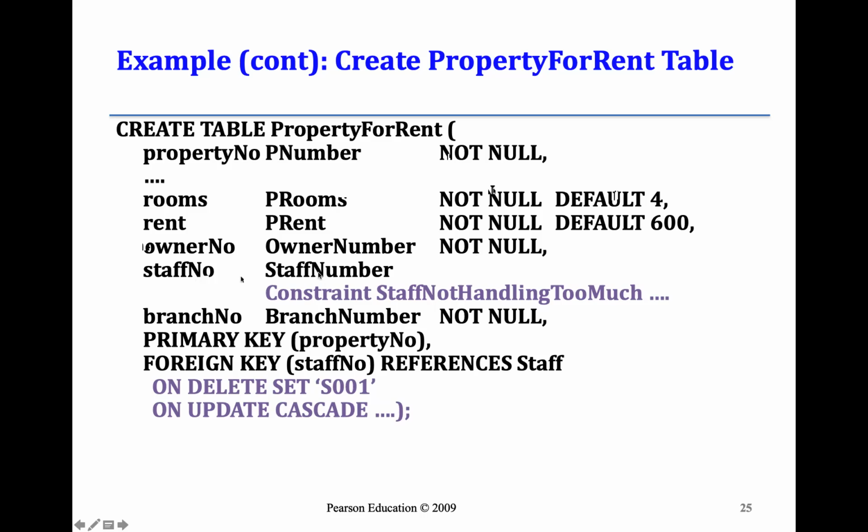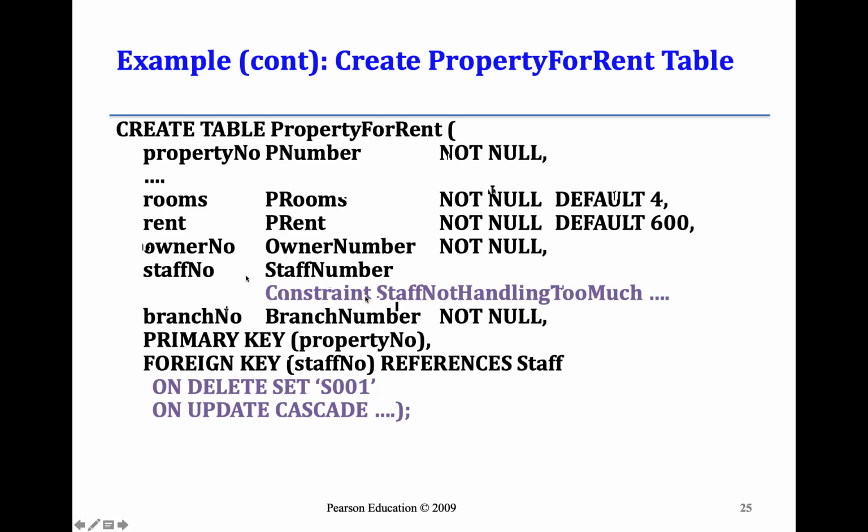Staff has a staff number, and because I do not say not null, it may be null. Then I have my constraint staff not handling too much, and I couldn't put it all on this slide, so you'd have to go back to the previous slide to see how I defined that. I'm associating it with the staff number rather than putting it at the end. I could also have put this constraint at the end.